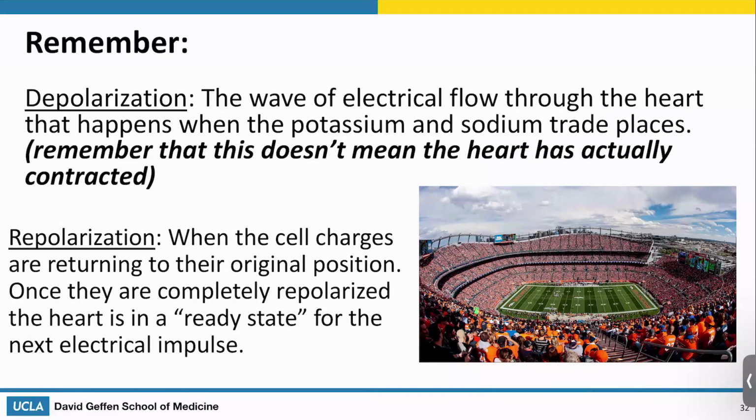Before we get into a couple more things, let's remind ourselves of depolarization and repolarization. So depolarization is the wave of electrical flow through the heart that happens when the potassium and sodium trade places. That resting membrane potential, if we're talking about our nodal cells, is -60.